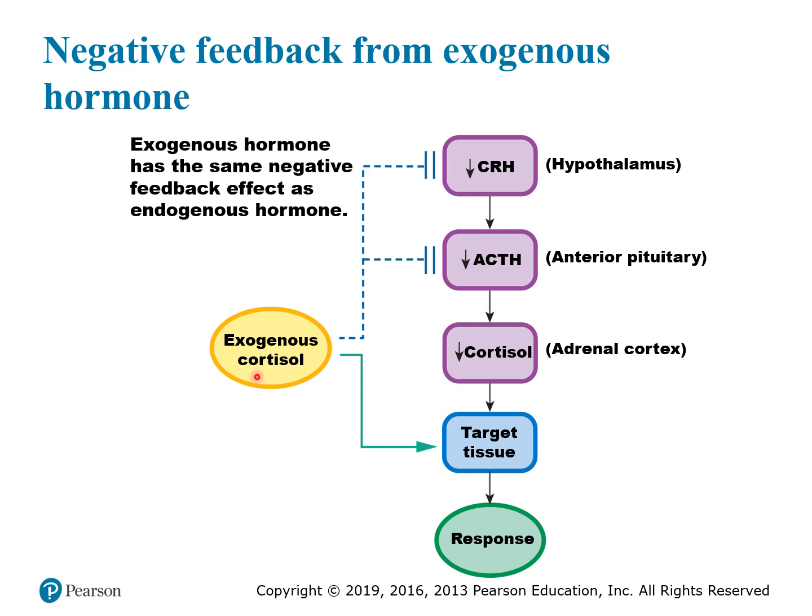So it will shut off the production of ACTH by your anterior pituitary and also shut off the production of CRH by your hypothalamus, so that it can basically depress those levels of these hormones. And if the pituitary gland continuously gets suppressed, your adrenal cortex is also going to be suppressed.